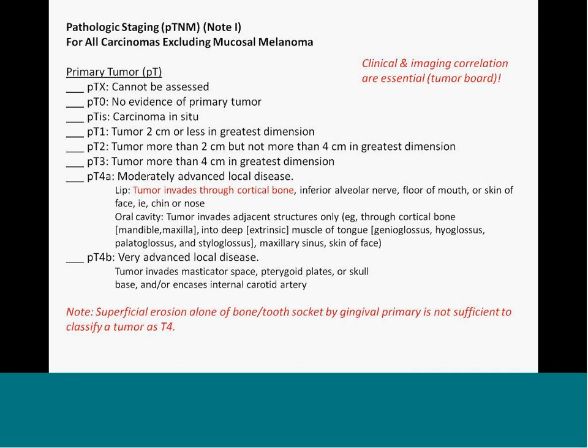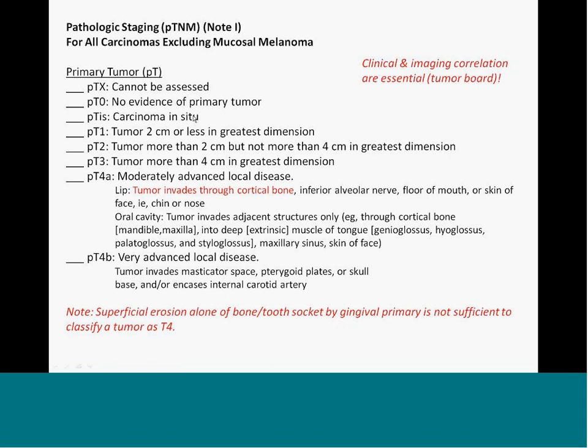Okay, now we come to the pathological staging. This applies to all carcinomas, excluding malignant melanoma. The clinical and imaging correlation is really essential with these cases, and that's why we have tumor boards to discuss these cases.